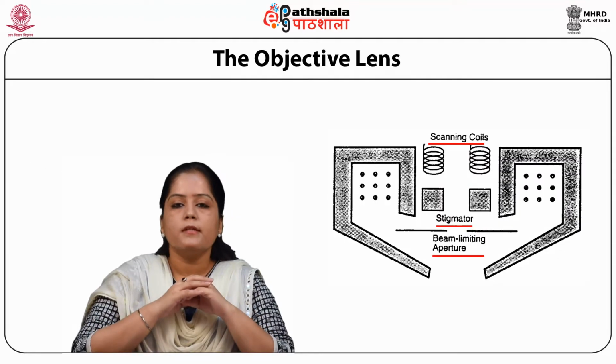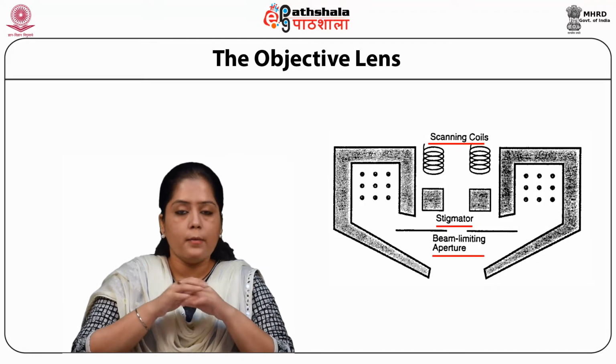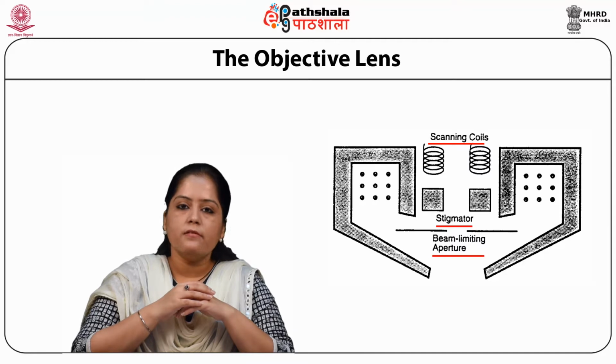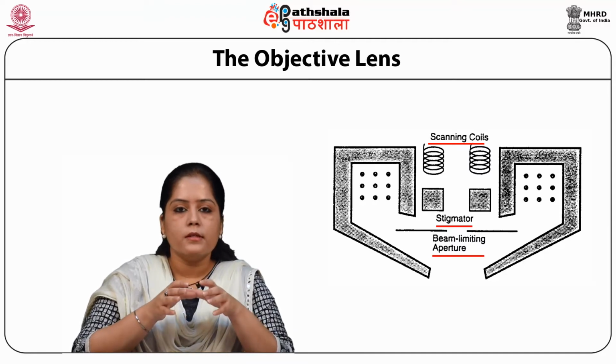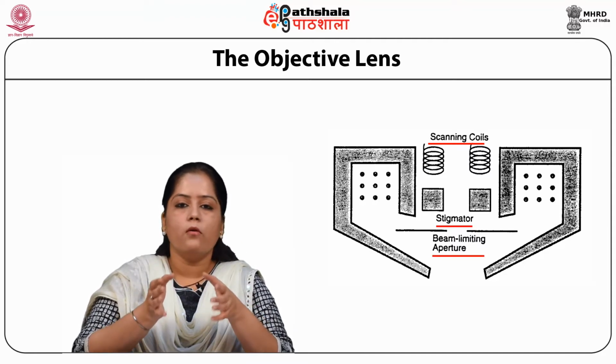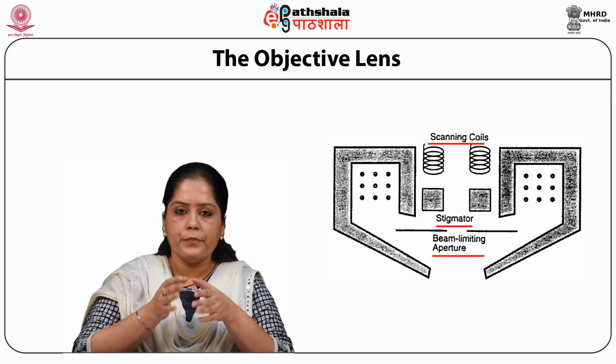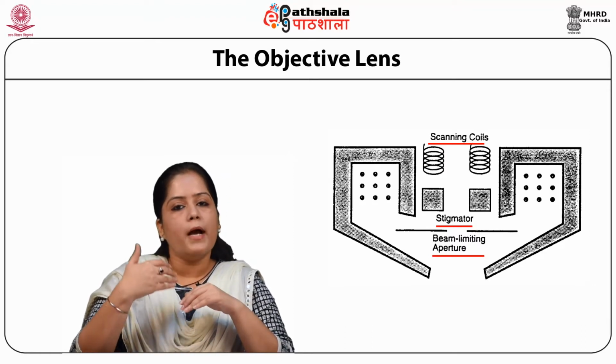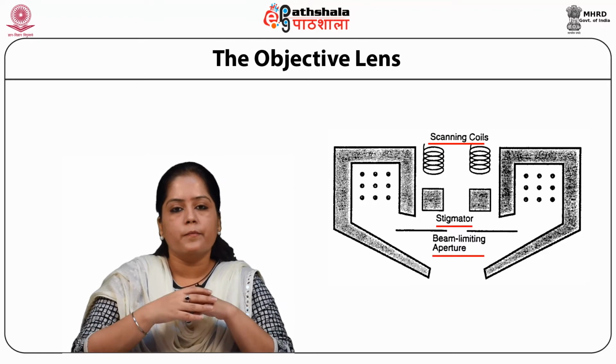So students, let us now discuss the objective lens. The objective lens controls the final focus of the electron beam by changing the magnetic field strength.